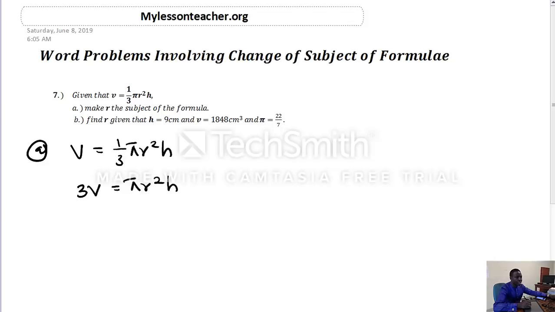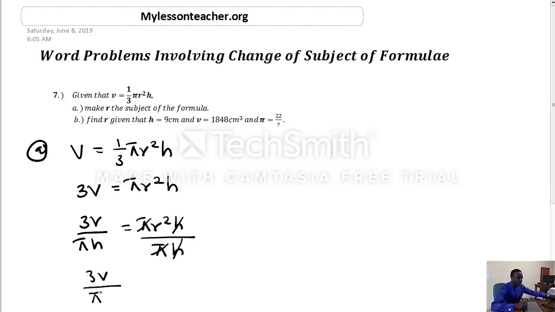Remember, our target is on r, so that means we are going to divide both sides by pi h, leaving us with 3v divided by pi h is equal to pi r squared h divided by pi h. Pi will cancel pi, h will cancel h, leaving us with 3v divided by pi h is equal to r squared.